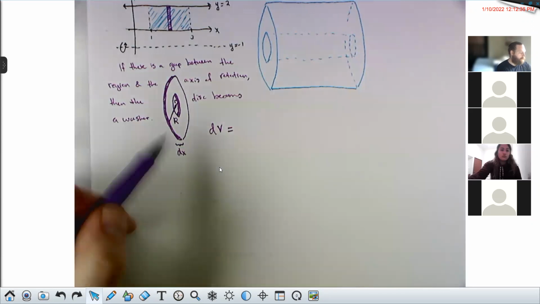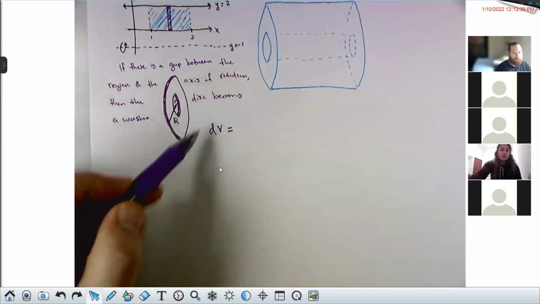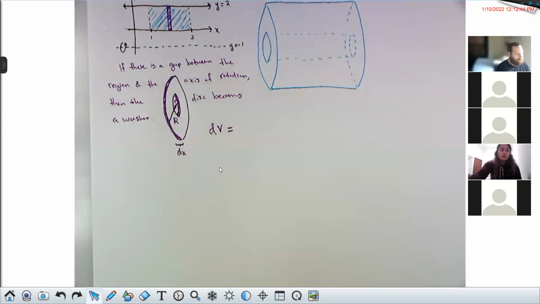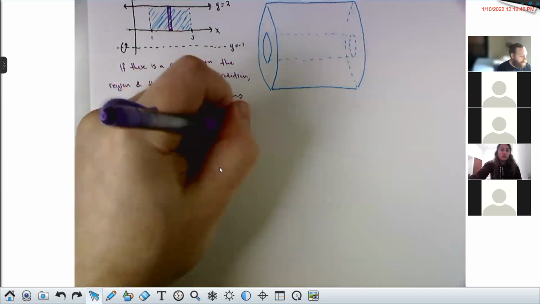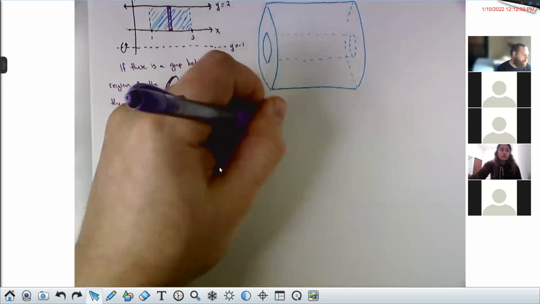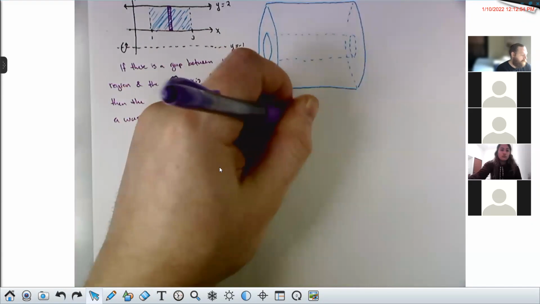And the way you can find the volume of this little washer is by taking the volume of the big disk and subtracting out the volume of the little disk that's been punched out of it. So that would be pi times big R squared dx minus pi times little r squared dx.